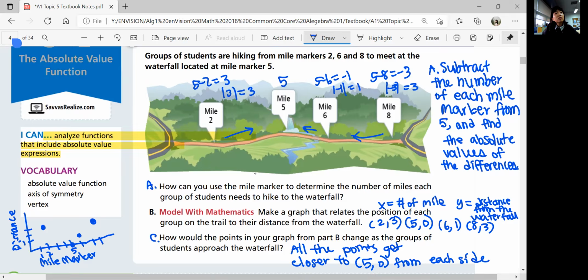If they move to mile 3, that represents 3, 2 miles away. And then 4, 1. They're going to get closer and closer to 5, 0, because the waterfall is at mile 5. Does that make sense?